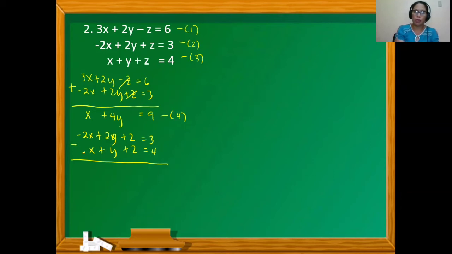Take note that we will be changing the sign of all the terms of the subtrahend, and then we will proceed to addition. So this is now negative 3x, and this is now y, and z is cancelled. So we have negative 1 here. This is our equation 5. We're going to make use of equations 4 and 5 to eliminate another variable.